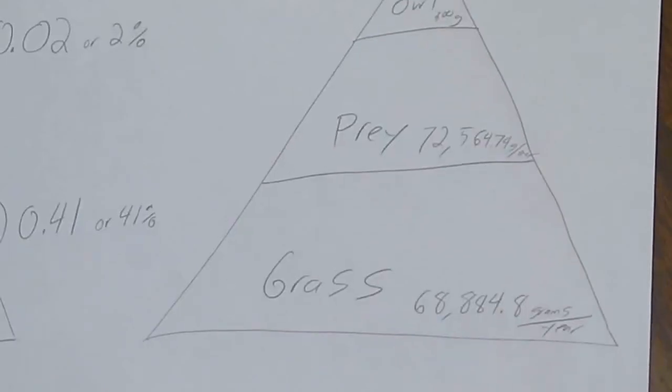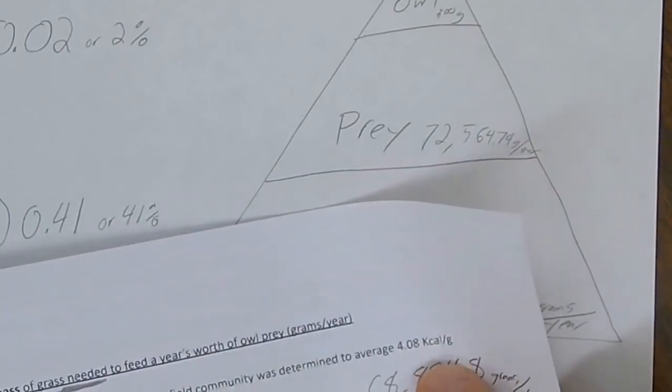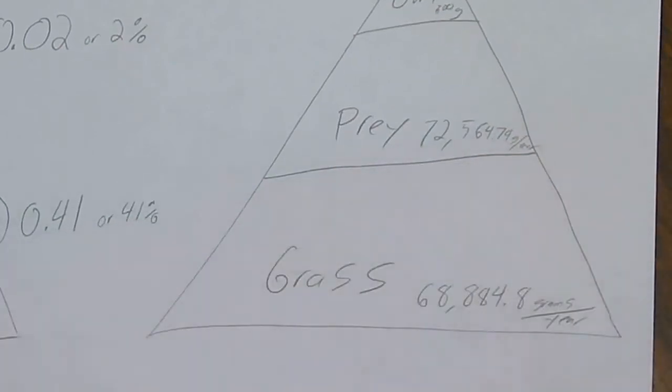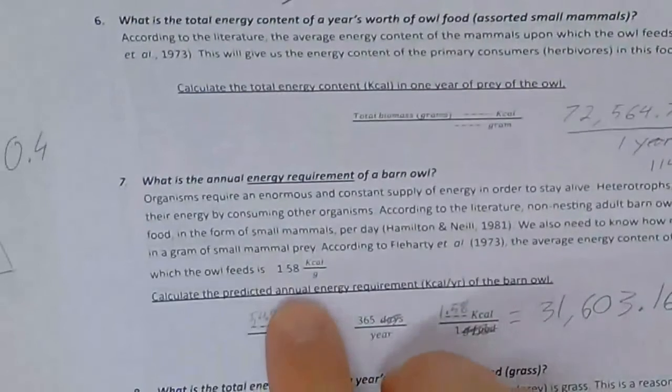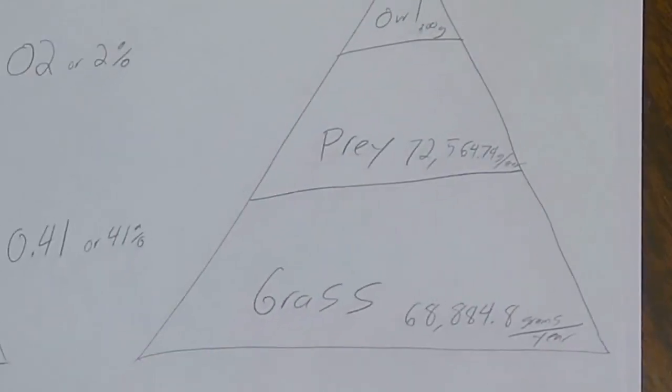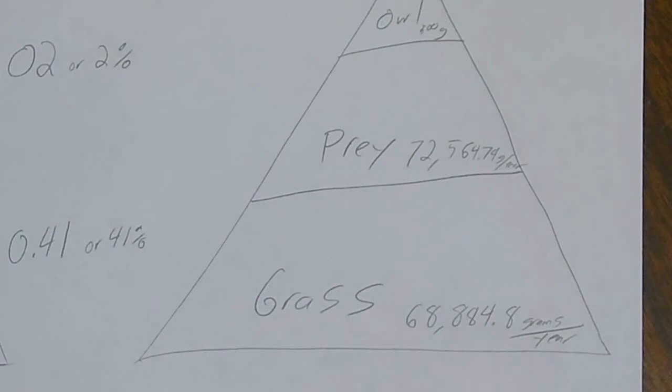Now, some of you might initially be thrown by this, but remember our numbers here, right? I'm trying to find them on the paper here, sorry. 4 kilocalories per gram is what our grass is outputting, and our prey is outputting 1.5 kilocalories per gram. Okay, so our grass is much more efficient at putting out energy than our prey is. All right, and that would probably stand to reason.